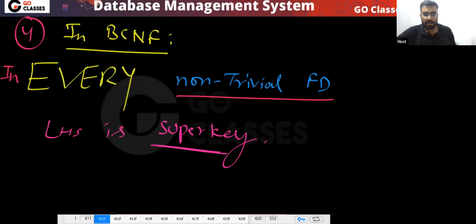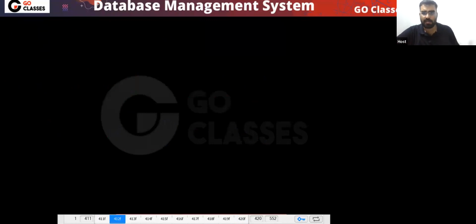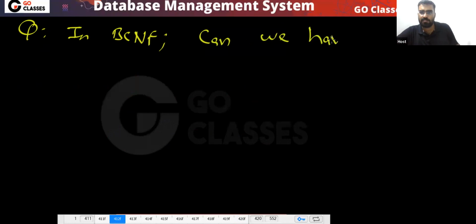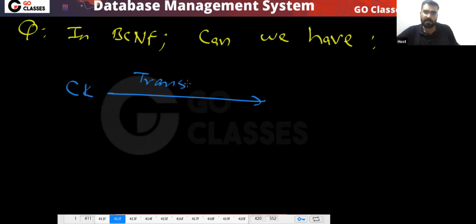So can you have transitive dependency? Can you create transitive dependency? This is my question. In BCNF, can we have a candidate key transitively determining some prime attribute?